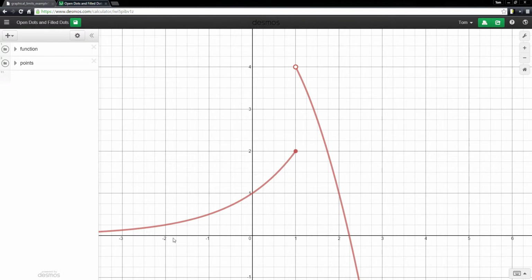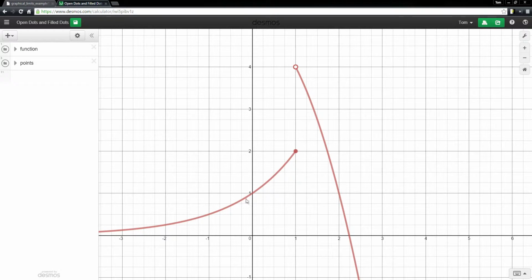Okay. And we want the limit as x goes to 1 from the left. So we're looking right here, as we go to 1 from the left. Instead of using the vertical and horizontal bars like I did, I'm just going to follow along, although if you want to do that, that's also fine on your own. But we're going to go to 1 from the left, so right here.